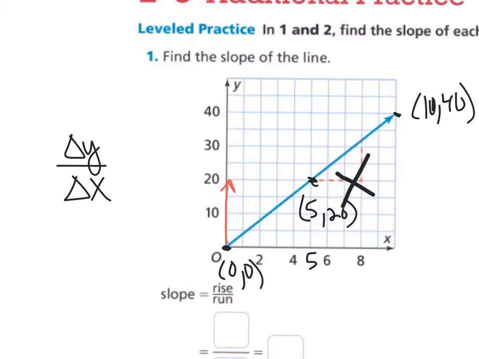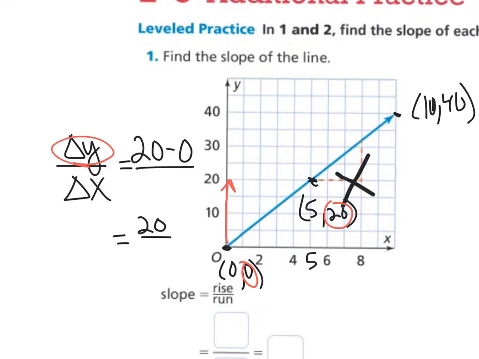So when you guys do these, if you want to use colored pencils to color code and keep track of what you're doing here, change in y, our y value went from 0 to 20, which means our change in y is 20. If you want to show work on that at all, remember, finding the change in something, you subtract. So we could do 20 minus 0, which is 20. And then we'll look at our change in x.